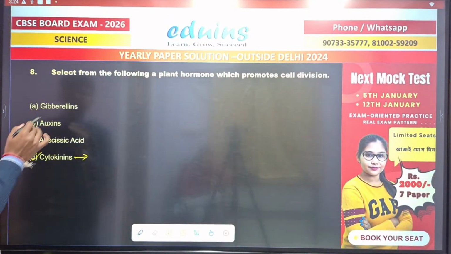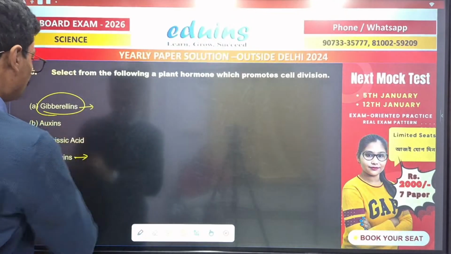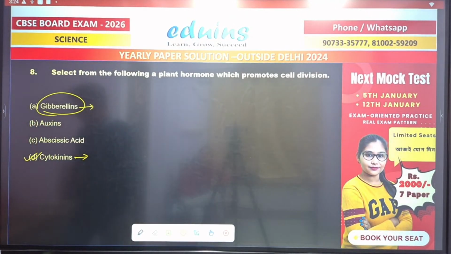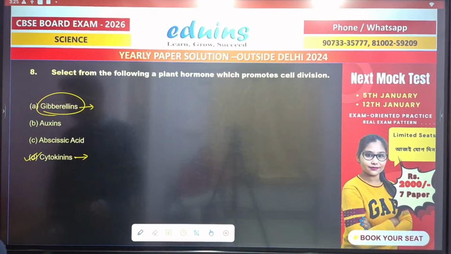So what is the function of gibberellin? Anyone from you? Satyajit also answered that option D is the correct answer. Anyone from you, what is the function of gibberellin?